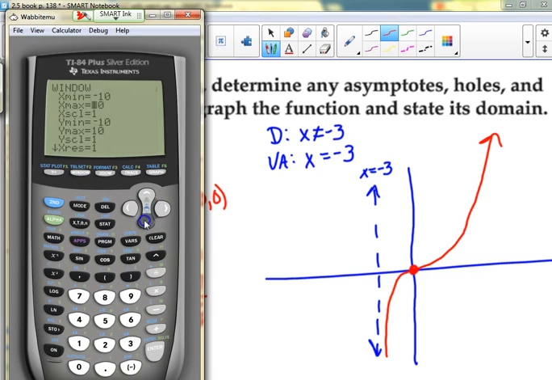So I'm not going to change my x. I'm just going to change my y. Try 40. Well, that wasn't helpful. Okay, let's try 100. Okay, so way, way, way up here somewhere, there's a piece doing this.